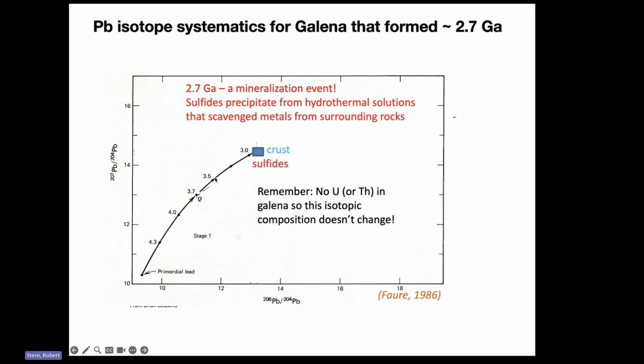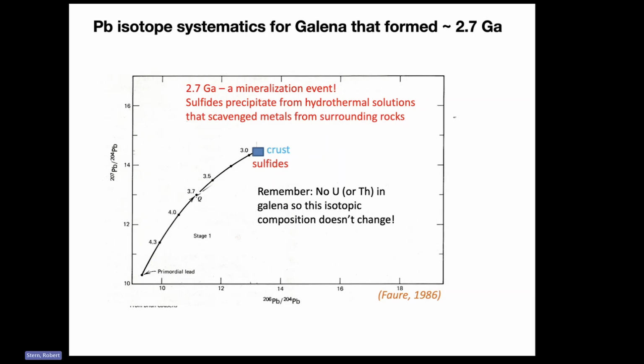And then if you extract some sulfides from it at 2.7 billion years, it's going to take on that isotopic composition of the mantle at that time. Okay, so the galena, this is all galena. Galena will not take in any uranium. So when the galena forms, the lead isotopic composition of that galena is frozen.